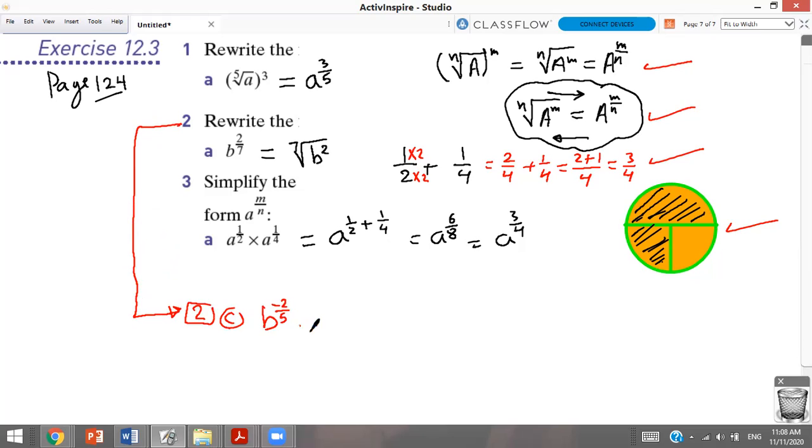The negative isn't in the fraction. It's the same. First you must change it into positive: 1 over b power 2 over 5. Then change it into root. It will be b, what is the index? 5. b power 2.